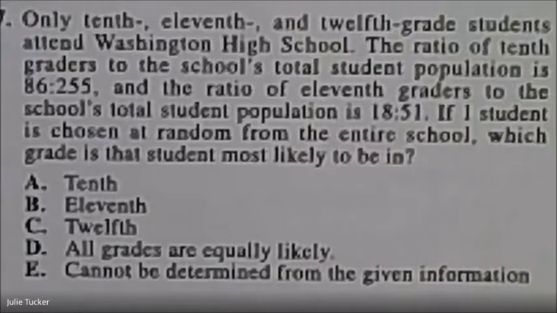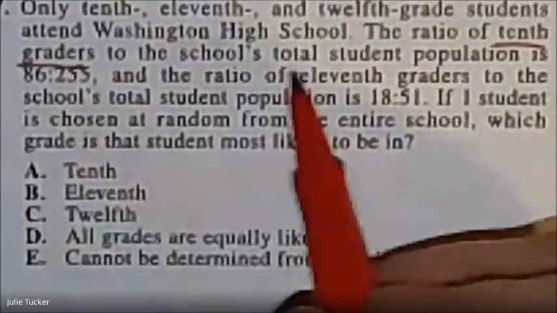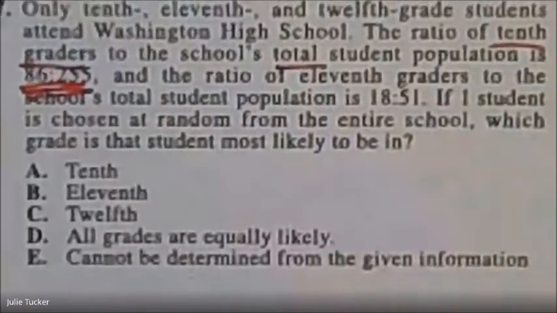Only 10th, 11th, and 12th grade students attend Washington High School. The ratio of 10th graders to the school's total student population. Ooh, let's reread that sentence. The ratio of 10th graders to the school's total student population is 86 to 255.